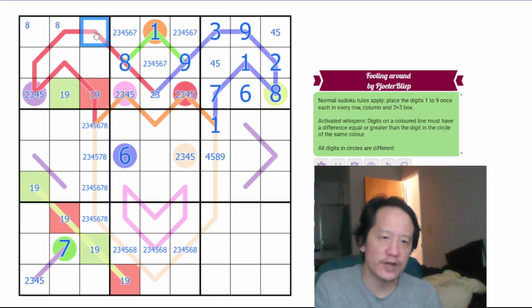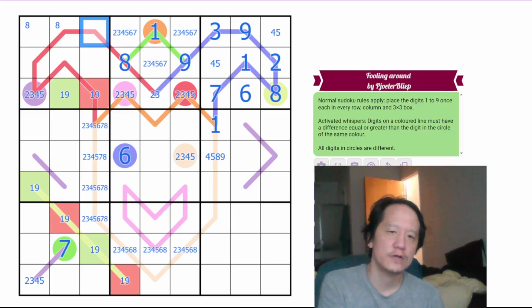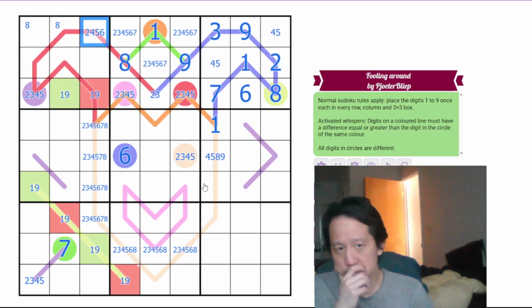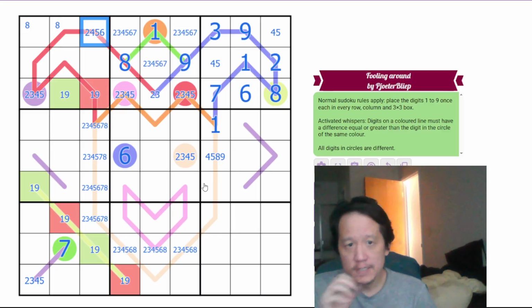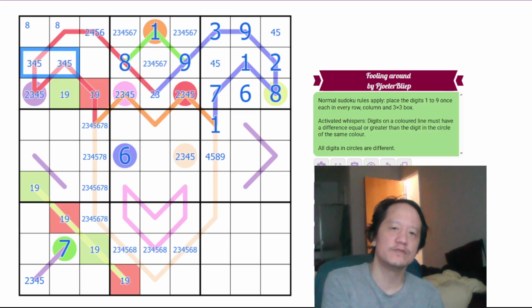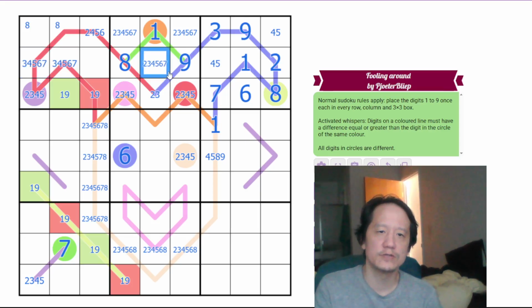There's a difference of at least 2 here, so it cannot be 9. Well, it couldn't be 9 anyways. It can't be 1. No 3 either. So it could be 2, 4, 5, 6. No 7. You have 2, 3, 4, 5 here. This has to be 3, 4, 5, 6, 7. Okay, this can't be 2 because of the 2 in the row.